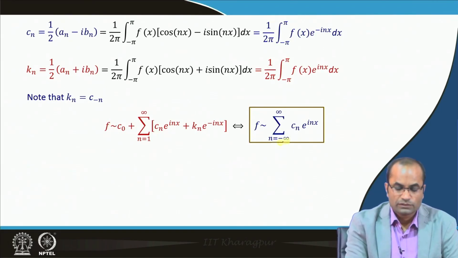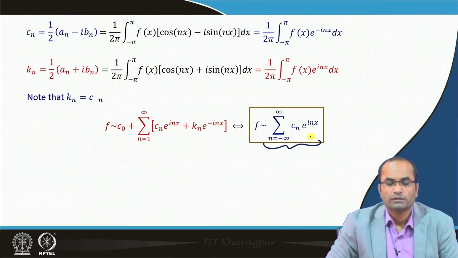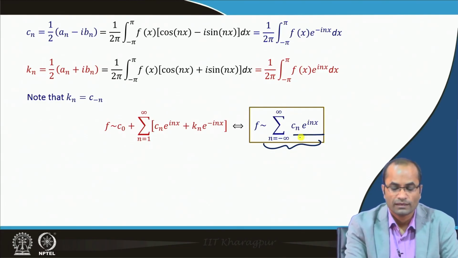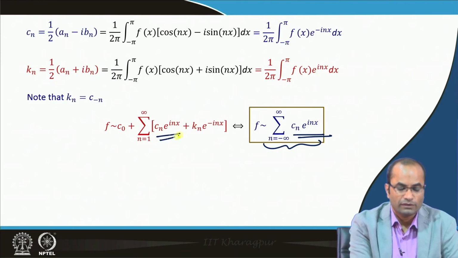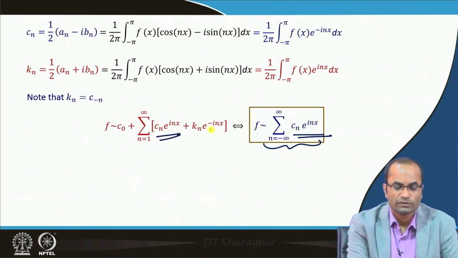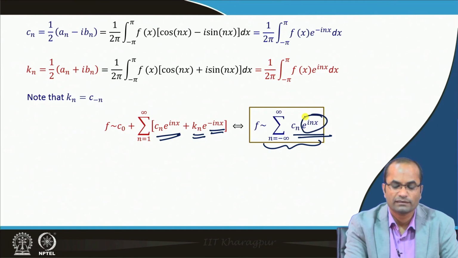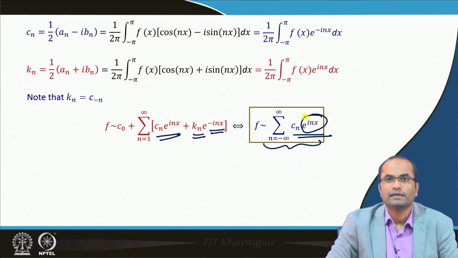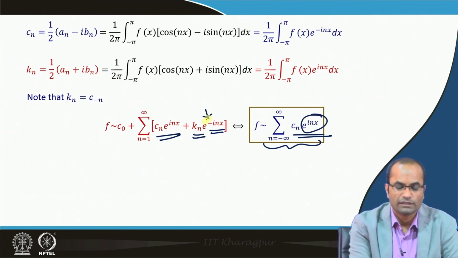In this compact form we have all the c's with negative integers and also positive integers. So, c_minus n and c_n, and e^(inx) will also take care automatically of the negative values. When n is a negative number, this will be compensated.